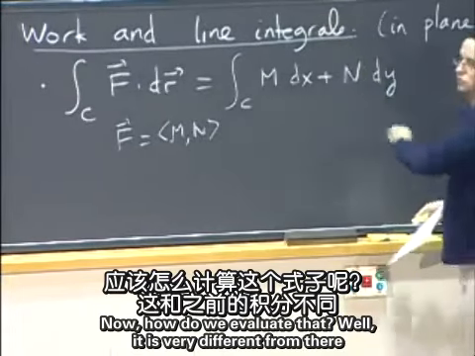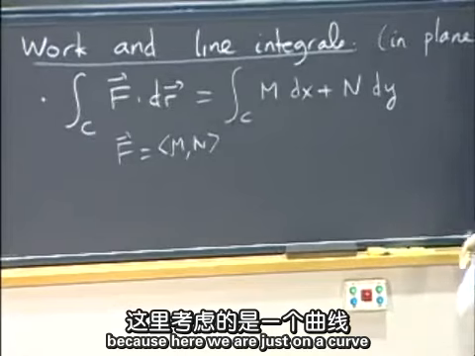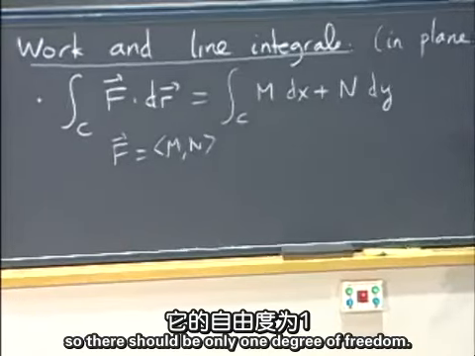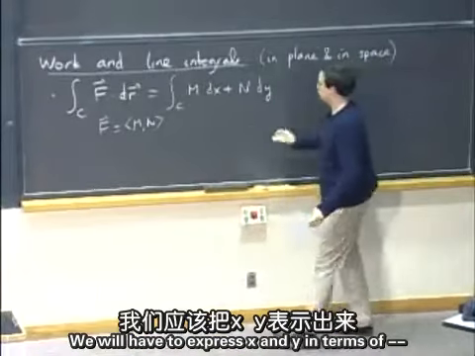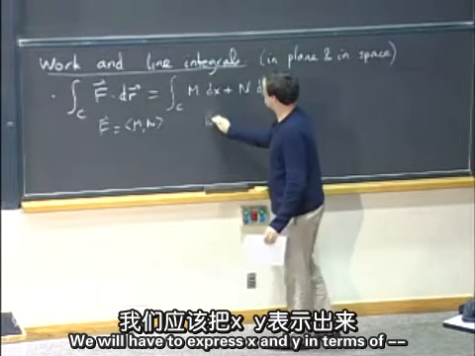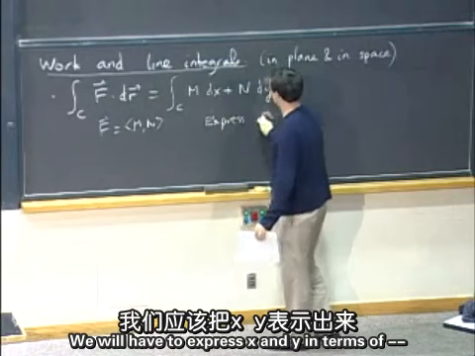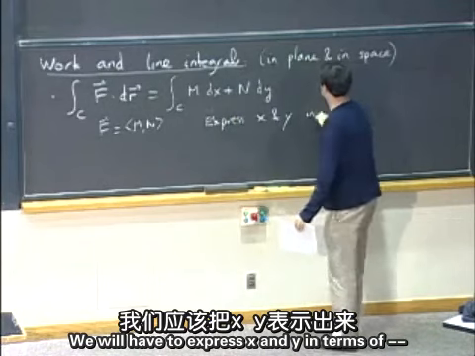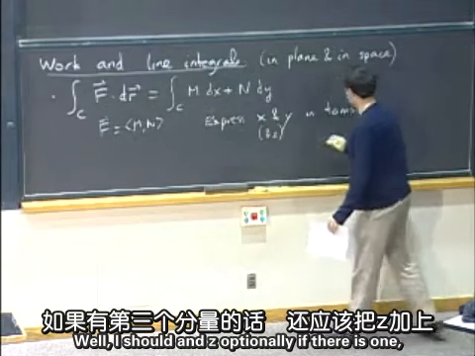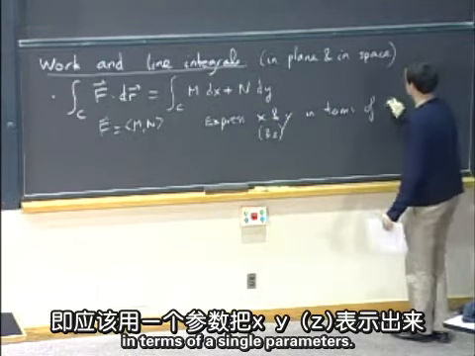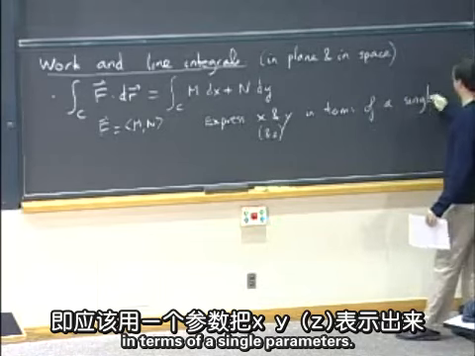Well, here we are just on a curve, so there should be only one degree of freedom. One variable should be enough to know where we are. So we'll have to express x and y, and z optionally if there's one, in terms of a single parameter.